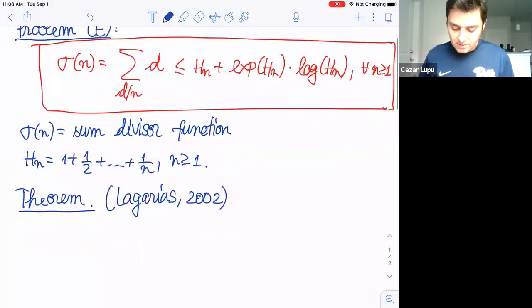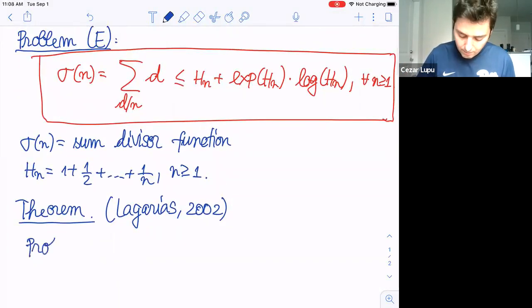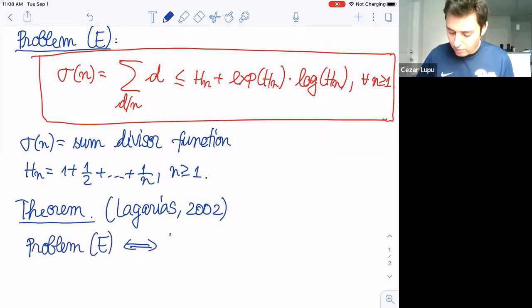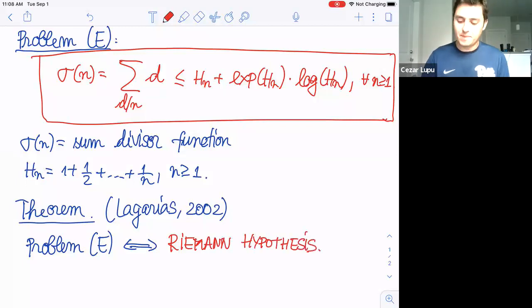The theorem says that problem E is equivalent to the famous Riemann hypothesis. That's his theorem. In other words, solving this problem is nothing else than solving the Riemann hypothesis. It's if and only if.